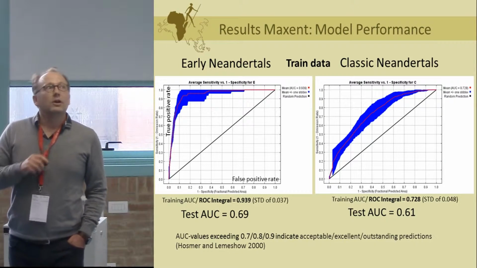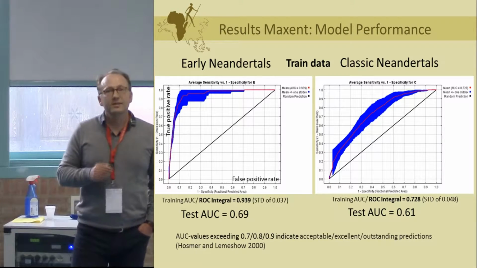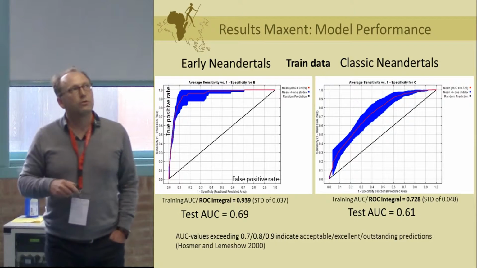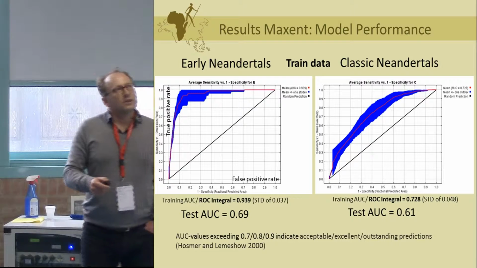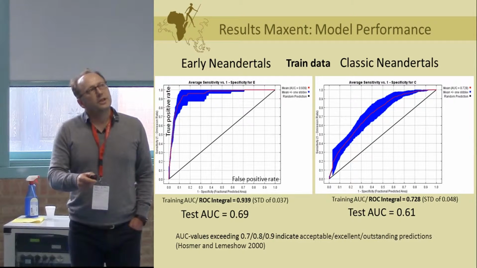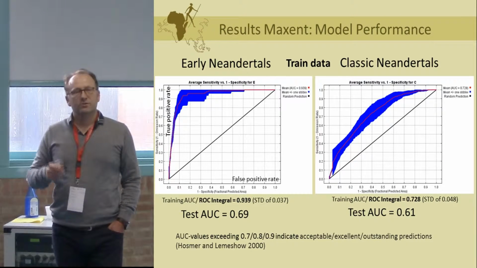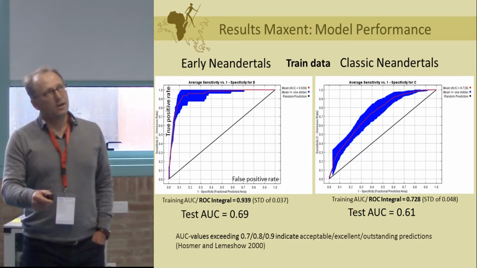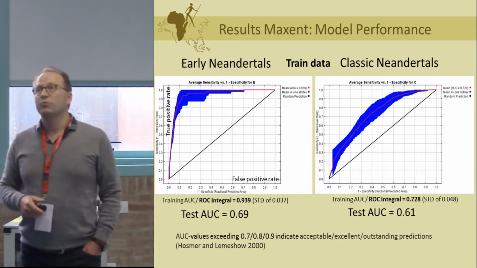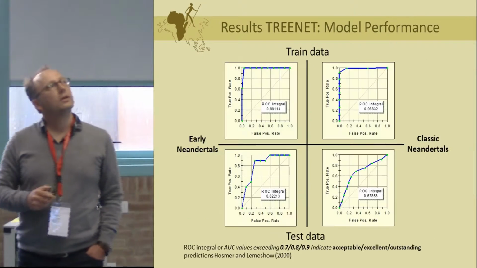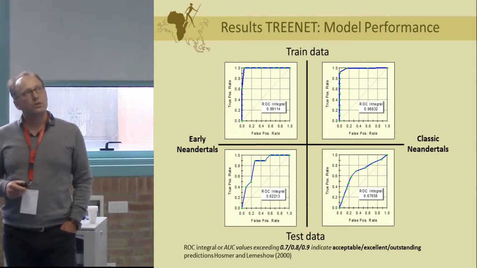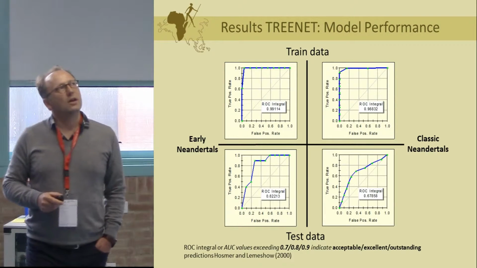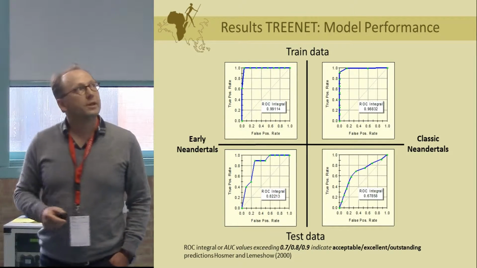However, you have to have a look also at the test data. So you should not only have a look at the training data, but also the test data. And here you see that model performance for the early Neanderthals is 0.69. It's not really good. And for the classic Neanderthals, it's even worse. However, we use then the TREENET approach, and here, as you can see, the model performance is much better.